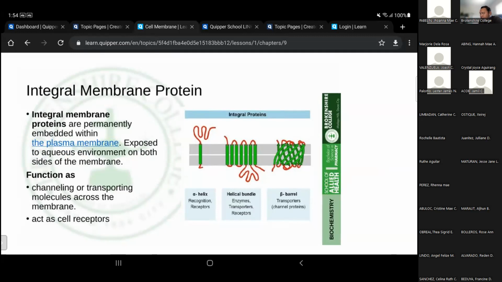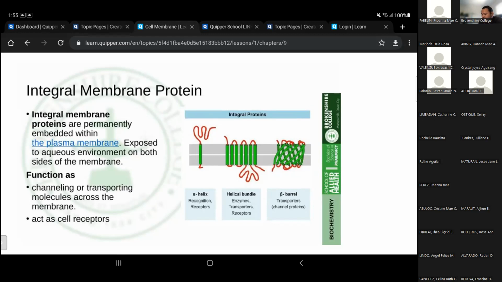Unlike your peripheral proteins, in case of environmental changes to which our cell is exposed, our peripheral proteins have the capacity to detach from the plasma membrane.